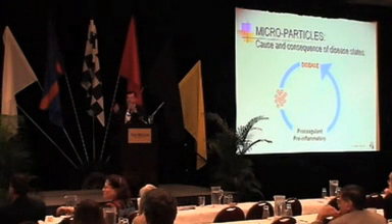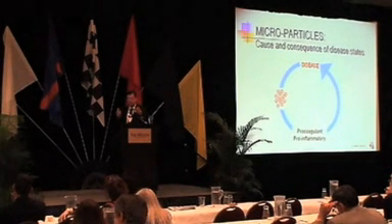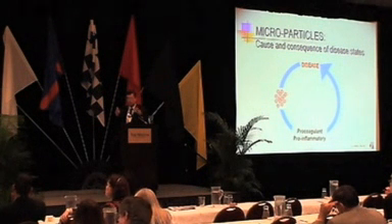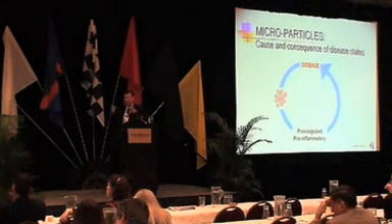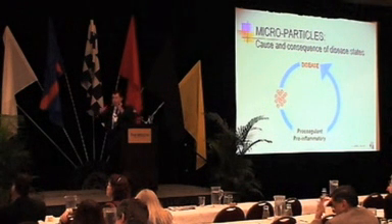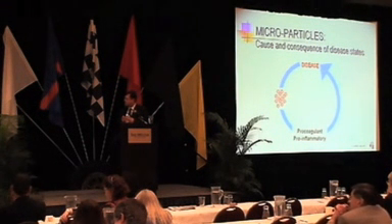So in some clinical contexts, microparticles can be useful. For example, in hemophilia, we have increased levels of microparticles, but they are beneficial because they contribute to improve hemostasis in these patients.